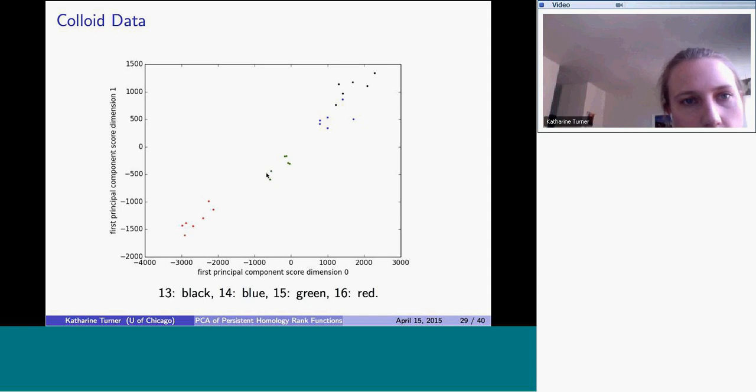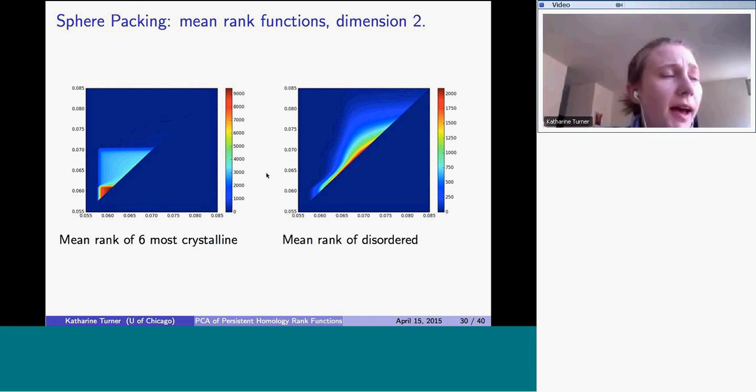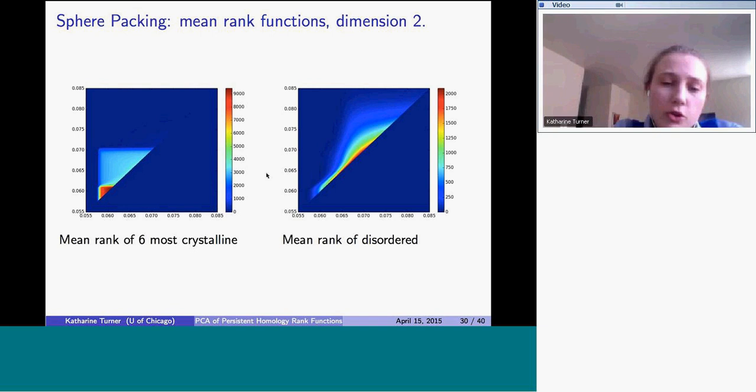Okay, that's the data I have for the moment on the colloid stuff. I'm on to an example about sphere packing. The scenario is you have a container and you fill it up with the same spheres, and you have a couple of choices. You can just pour them in and they'll pack themselves however they like. Or you could pour them and agitate them a little so they settle down a bit more.